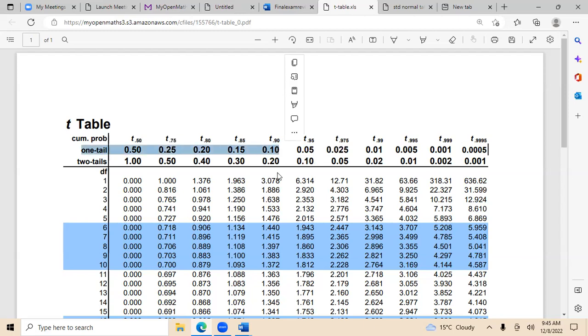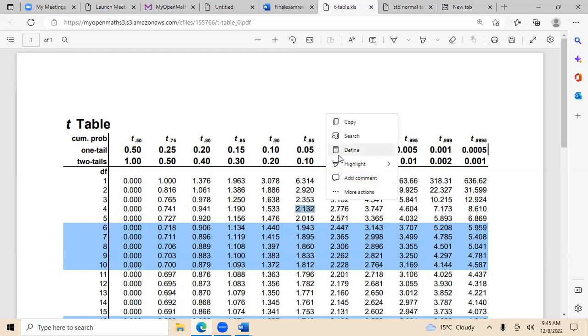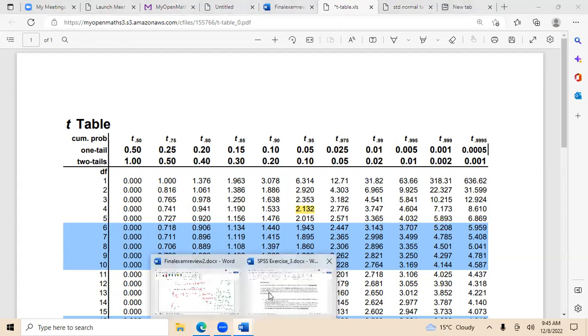So you have one tail here, and then you go down to degree of freedom of 4, which is right here. So essentially the number you're looking for is this value. We can color it. So we're looking for this value, 2.132. So that's our critical value.